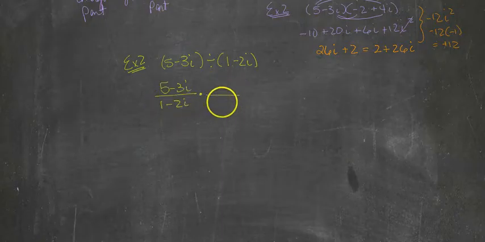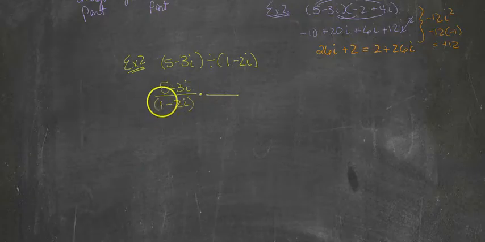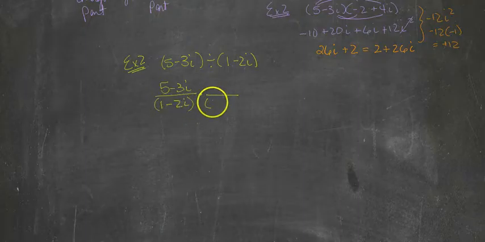We make use of the difference of two squares pattern, the sum and difference of binomials pattern. So we're going to multiply the denominator by 1 plus 2i, which is the conjugate, right? So this is called the complex conjugate.